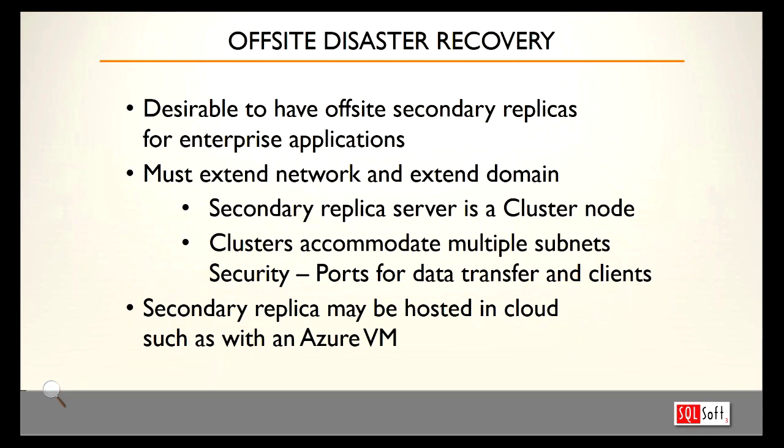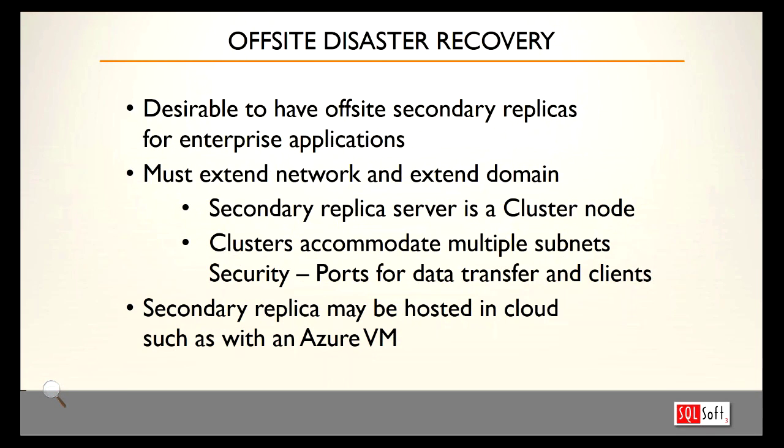Because of our desire to have business continuity for enterprise applications, even if an entire data center goes down, like in our example with the volcano erupting, we might want to have secondary replicas in different, far distant data centers. So we will need a fast enough network connection to do that.